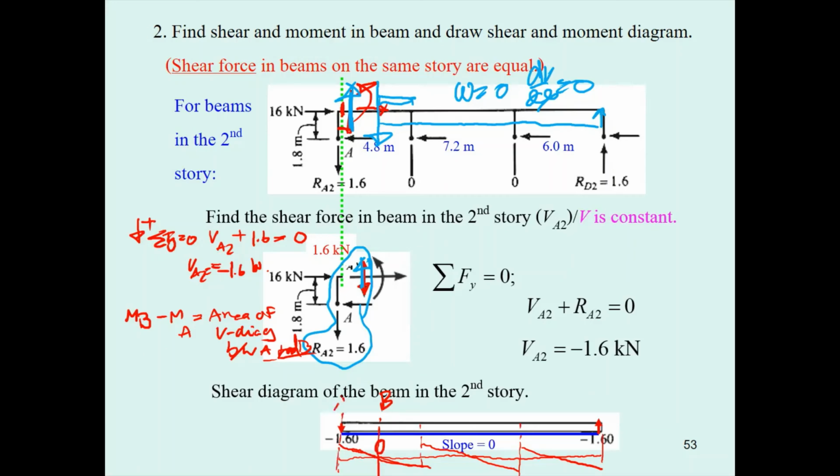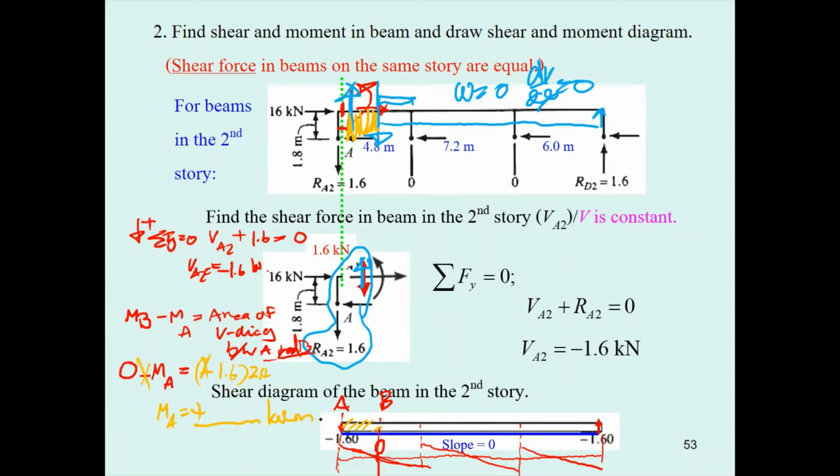If this one is A, it's going to be 0 minus M sub A, and at B over here it is 0, and that equals the area here. The area here is minus 1.6 times half of this times 2.4.